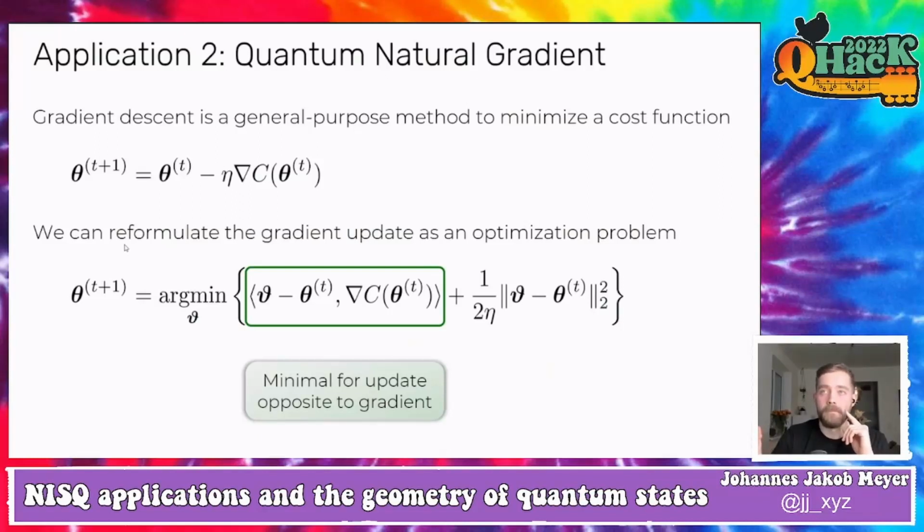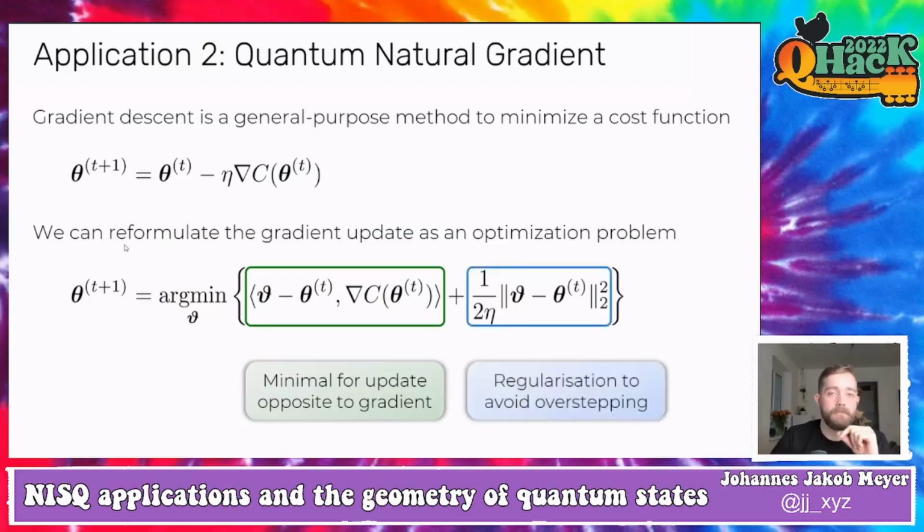So we really want to go where the cost function decreases the most. But on the right-hand side, we also have this regularization term, which avoids overstepping, because the gradient is only a local approximation. It will not be valid if we step too far. This is also where the learning rate comes in again. So this is the regularization term with the 2-norm.